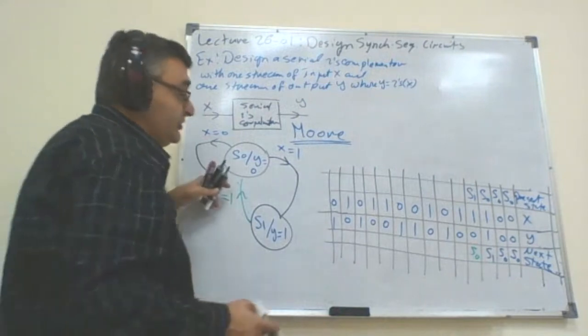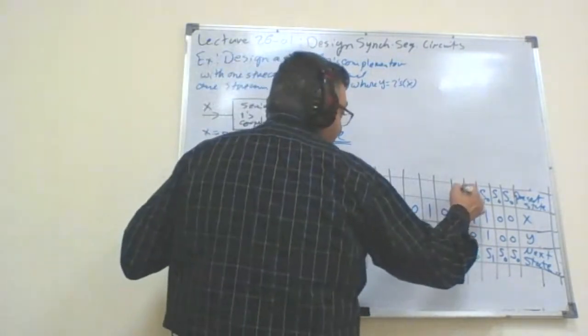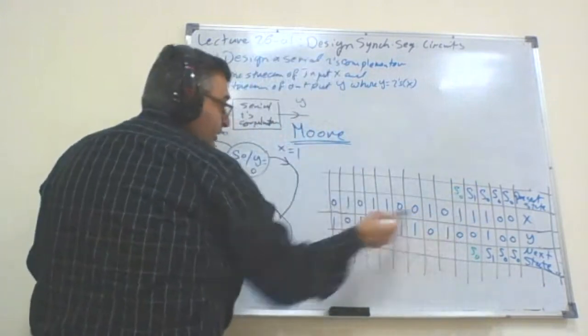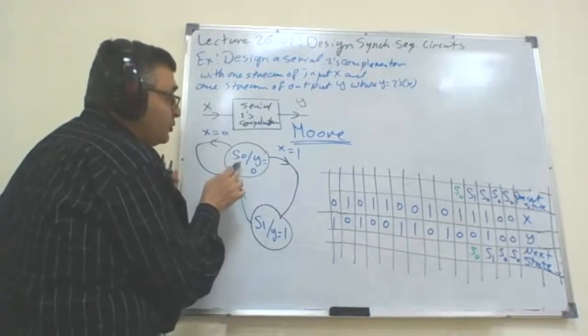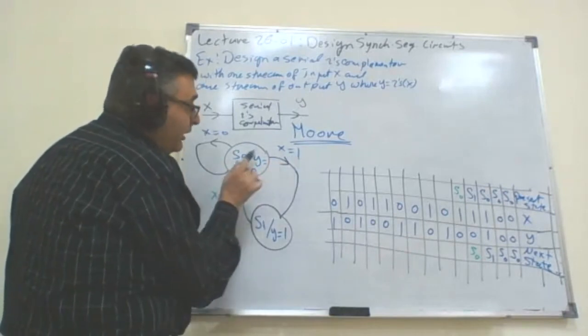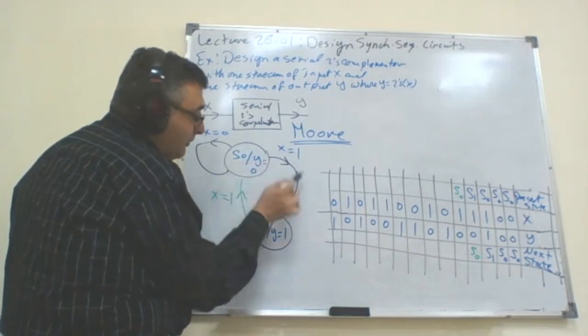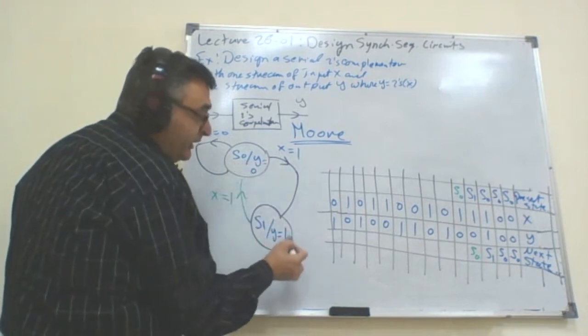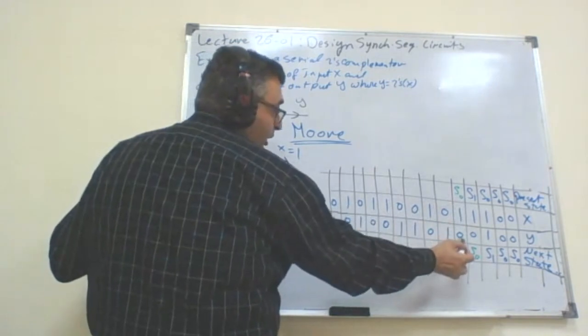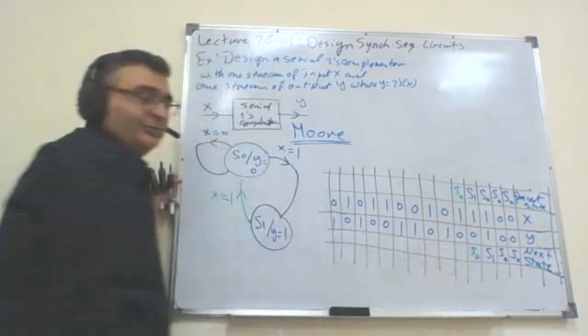I went to S0, that means I am now in S0, X is 1, so do I have an arrow for X equals 1? Yes. If I am in S0 and X is 1, this makes me jump to S1 and the output will be 1.